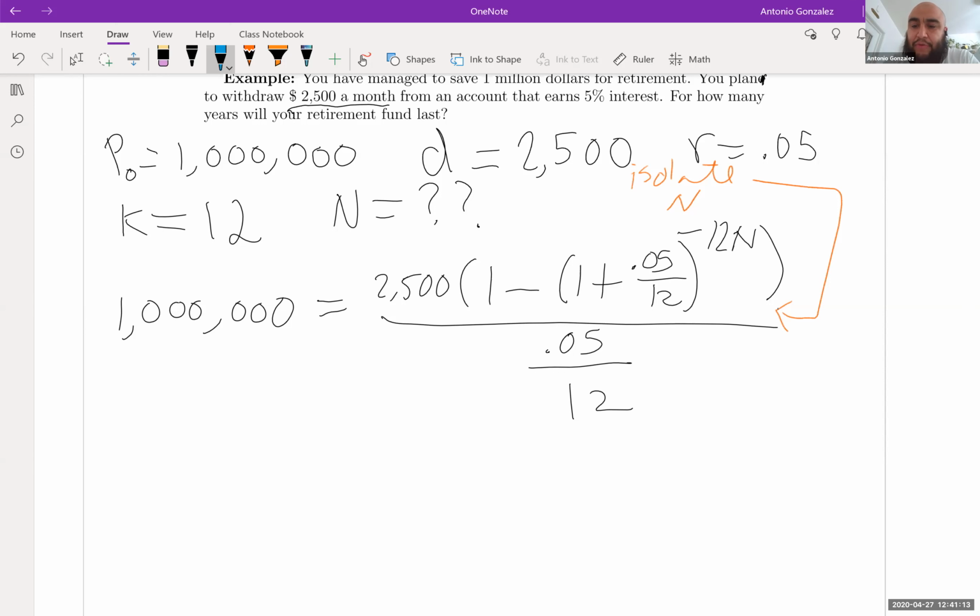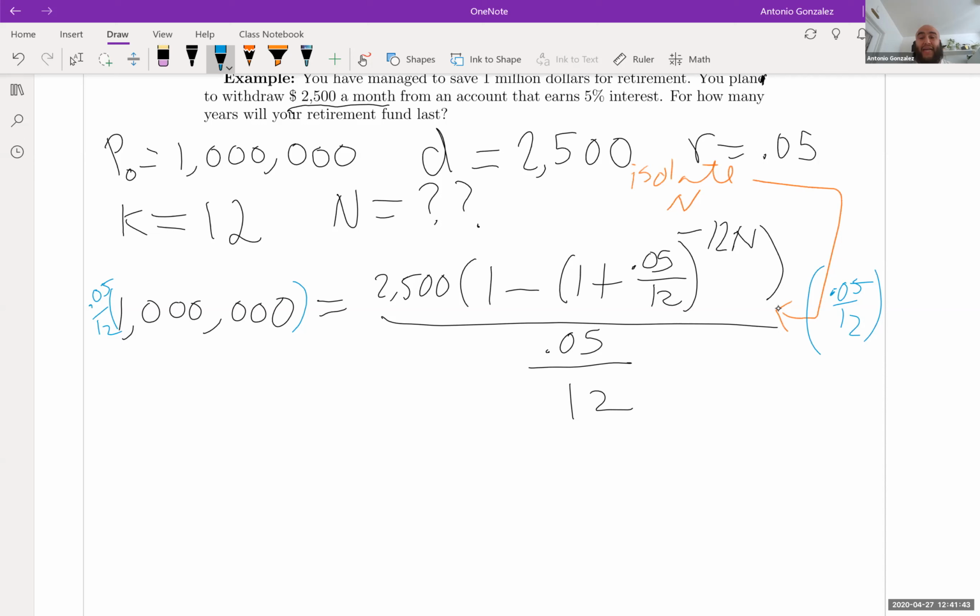The first step is, if I have any kind of fraction, let me get rid of the fraction first. The way I do that is by multiplying both sides by whatever the denominator is. So I'm going to multiply by 0.05 over 12 on both sides of the equation. Use parentheses to avoid confusion here.